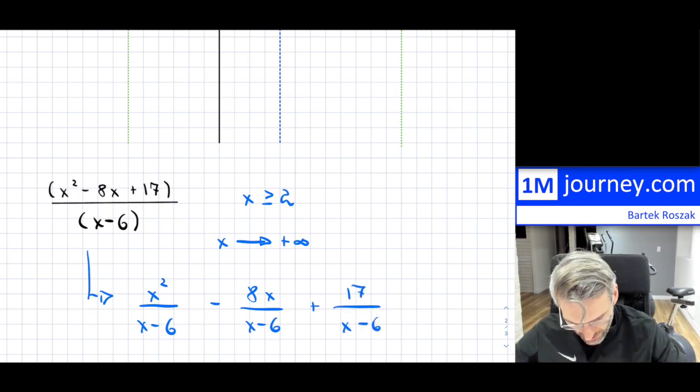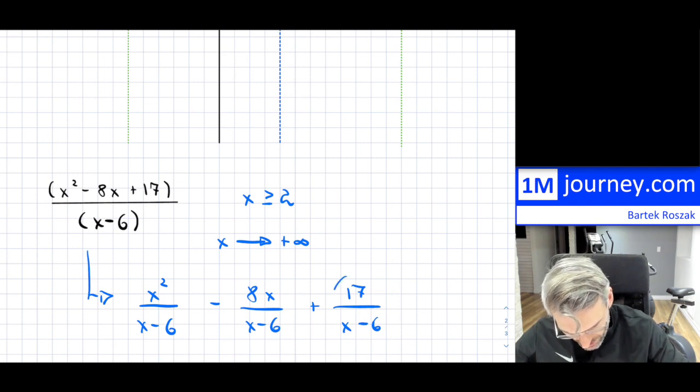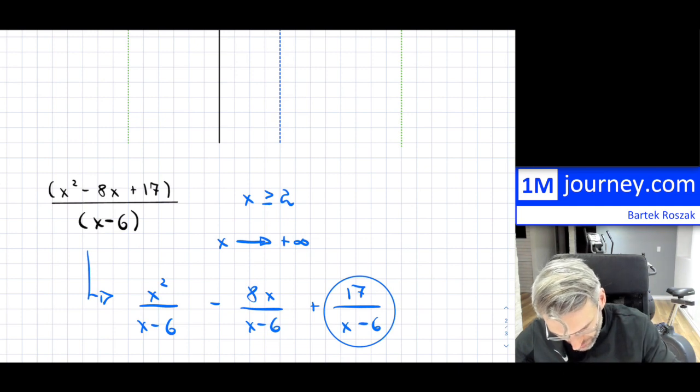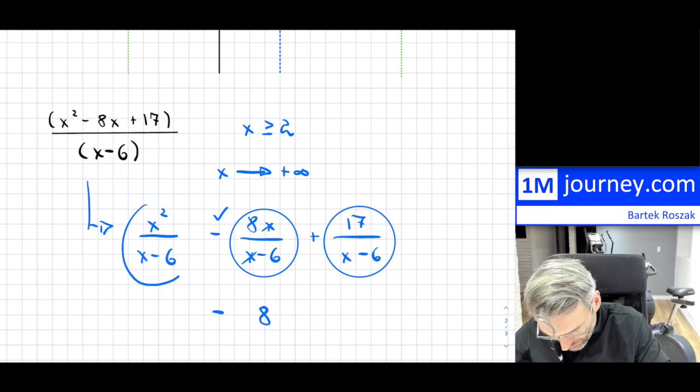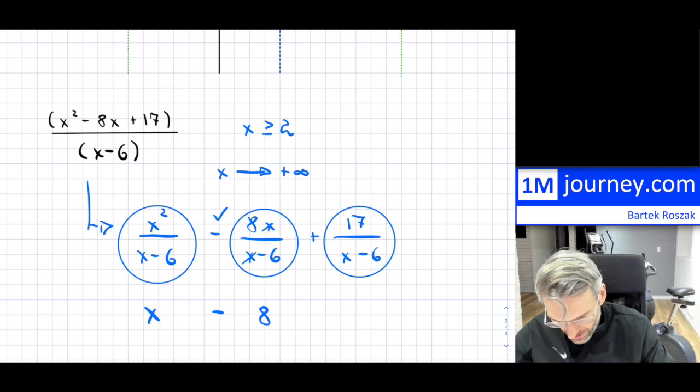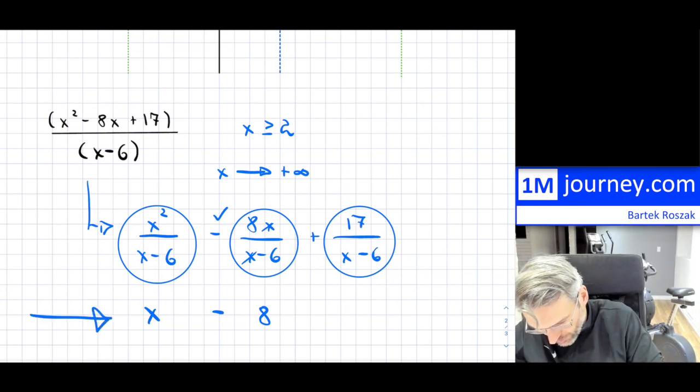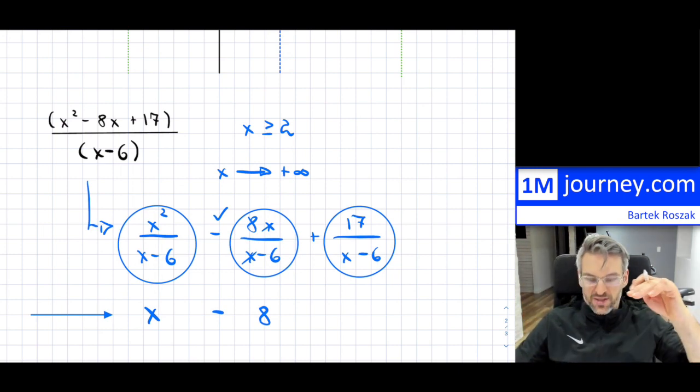And what you notice is that, as x is approaching positive infinity, this basically goes to 0. As x is approaching positive infinity, this whole thing basically tends towards 8, so that will cancel. Or minus 8, I apologize. So it looks like we don't have a horizontal asymptote, but we have a slant: x minus 8.